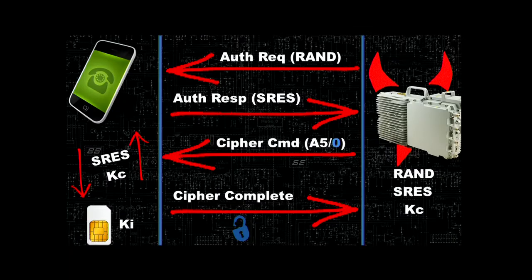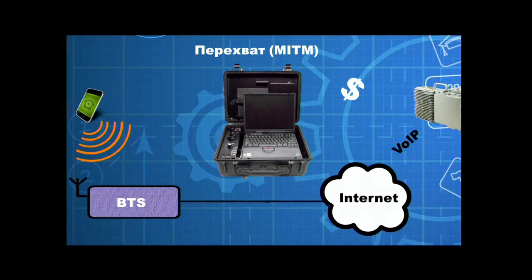For this purpose, the encryption code must be cracked with the Kc, which does the session encryption. This interceptor as a full-scale system is quite expensive, but there's a simpler version which looks like this. It has the virtual station, and it uses internet connection to proxy the call.